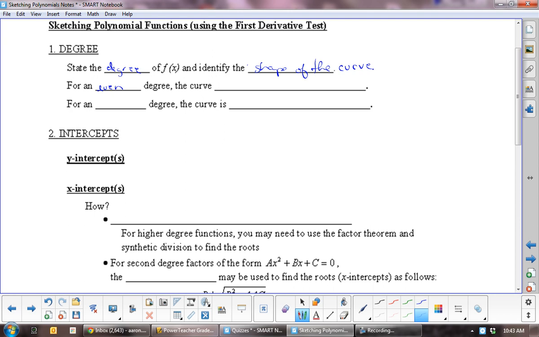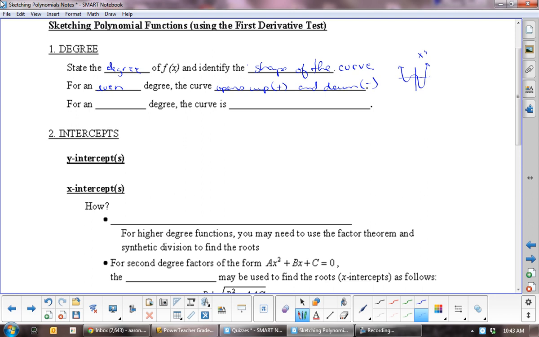The curve opens up if it's positive and down if it is negative. Okay, so if you had, say, an x to the fourth graph, it'll start here, do whatever, right, and it'll end here.